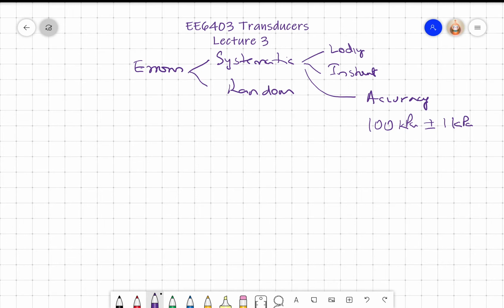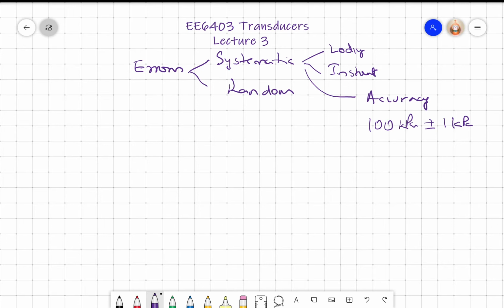The systematic error has its characteristic that it can be computed and corrected. We'll talk about this later when we talk about calibration of transducers, how we can compute the error, and even compensate the error if I have systematic error.